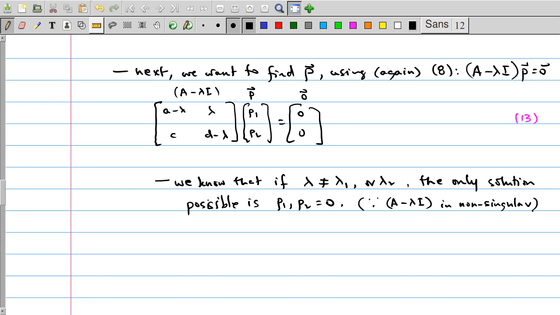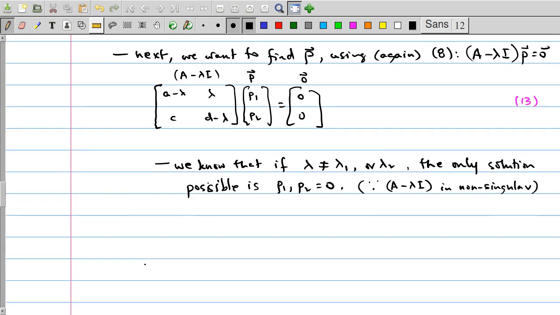So this gives us some motivation to try just that lambda 1 and that lambda 2. Keep in mind that we are interested only in lambda equals lambda 1 or lambda 2.